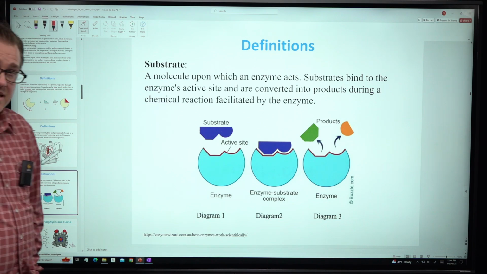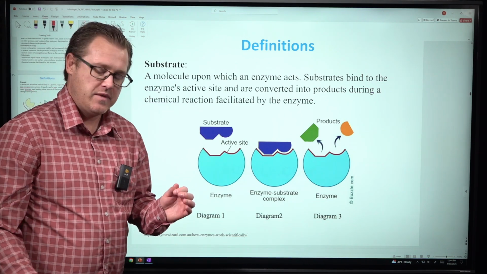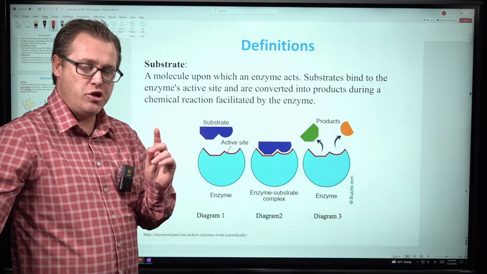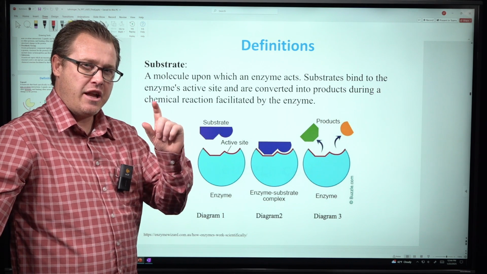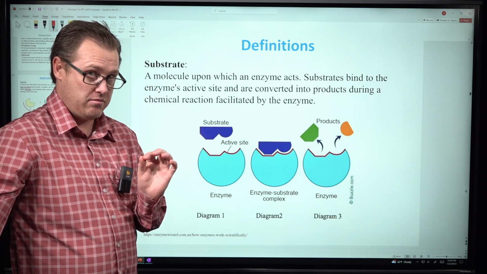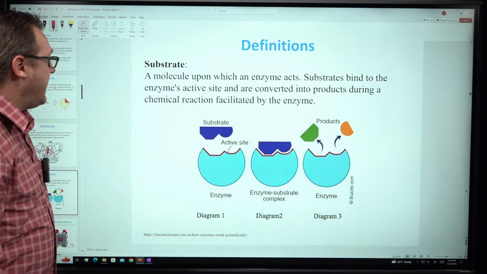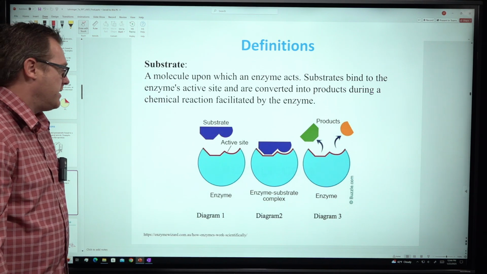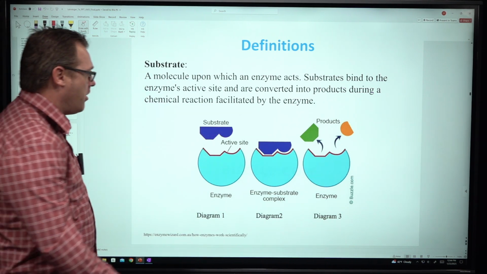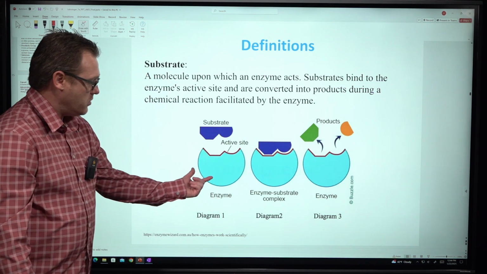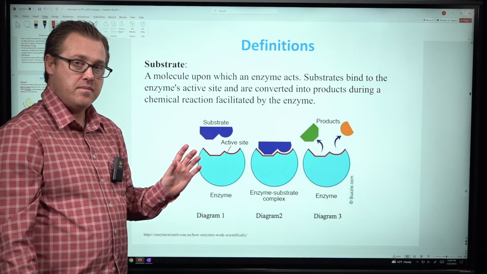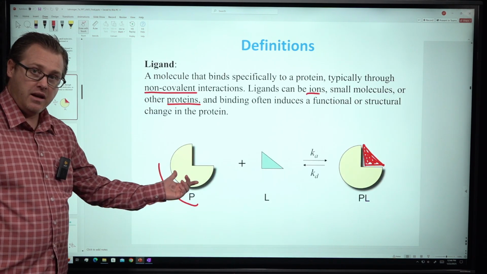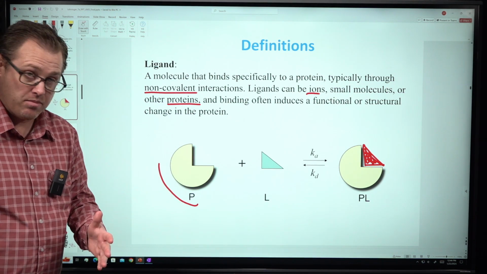Now, depending on who's talking or what book you're reading, people can take those two terms, ligands and substrate, and use them interchangeably. But there is a distinction. A substrate is a molecule that goes to an enzyme. Now, if we come here, that's a protein, and an enzyme is a protein.